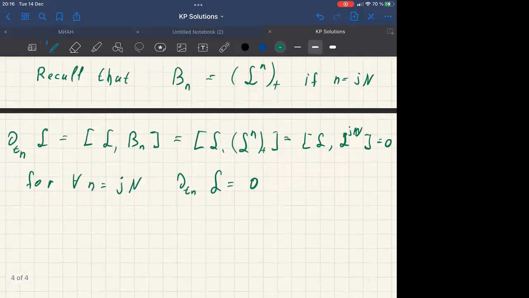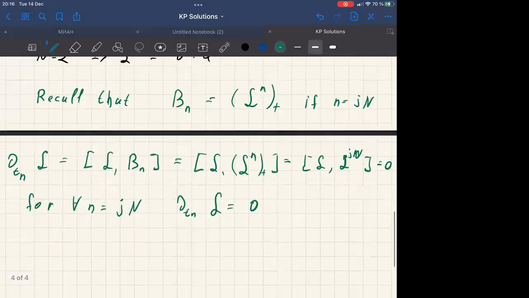This means that, well, that doesn't mean that, it doesn't show.